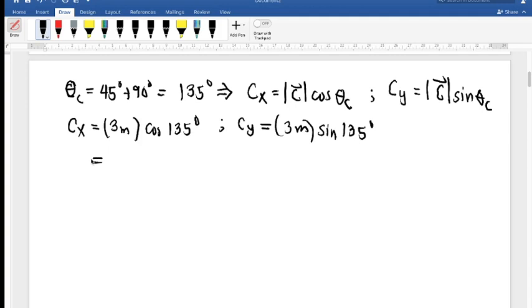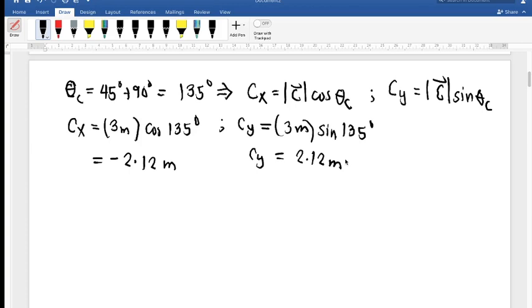So substitute, simplify. 3 times cosine of 135, that is negative 2.12 meters. Tapos yung Cy mo is 3 sine of 135, that is equal to 2.12 meters. Okay?